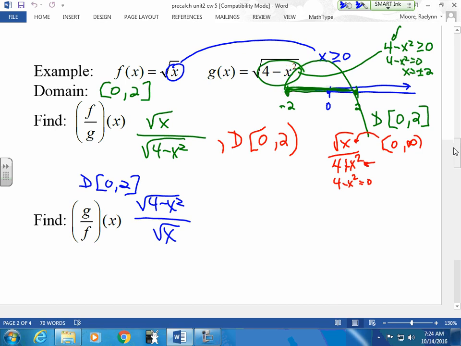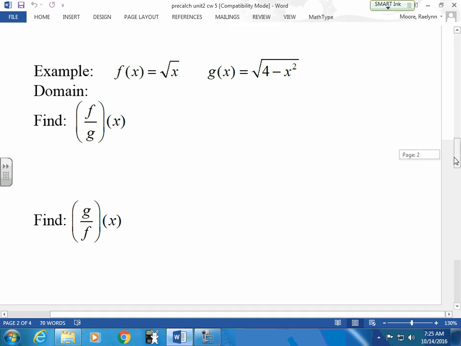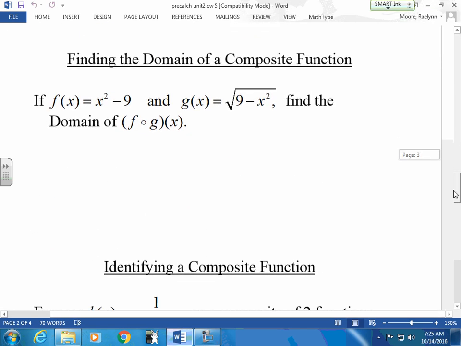I can't use a 0. So my domain has to go like this. Okay? And if it helps, graph the final one and see what that looks like. The divide is the only one that really gives you problems. The multiply, it's fine. Only the divide gives you trouble.